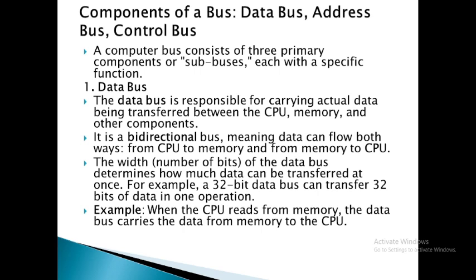A computer bus basically consists of three primary components or sub-buses, each with a specific function. We have a data bus, or a data pathway, which is responsible for carrying actual data that is being transferred between the CPU, memory, and other components.